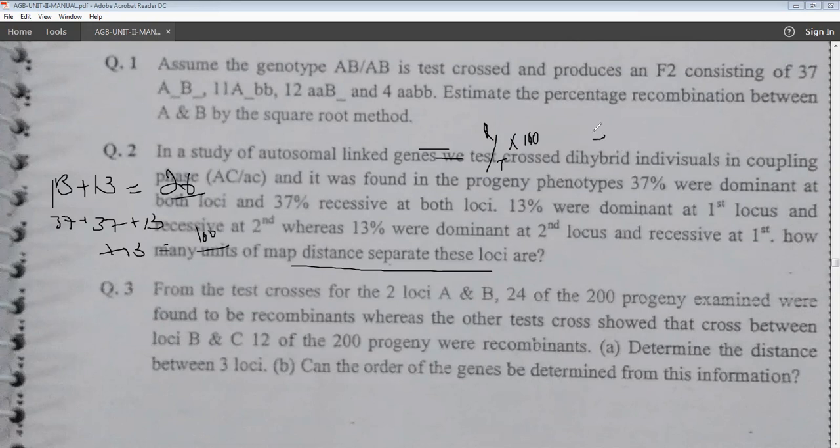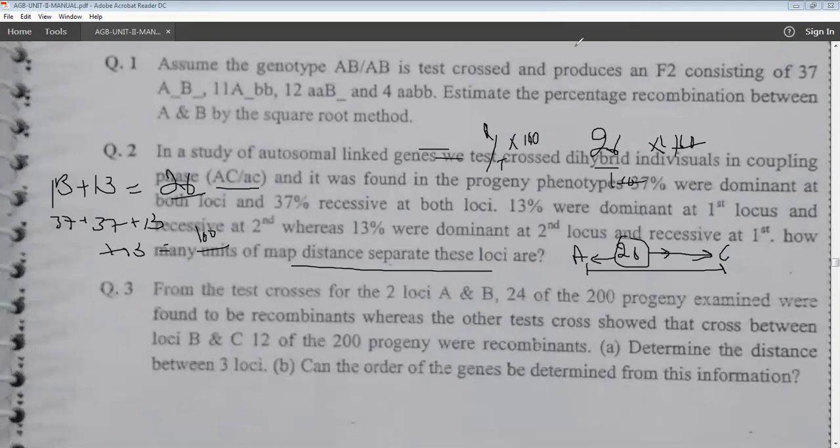So that is 26 by 100 into 100. This will cancel with each other. Then the answer is 26 centimorgan or 26 map units. So A and C have a distance between them of 26 centimorgans.